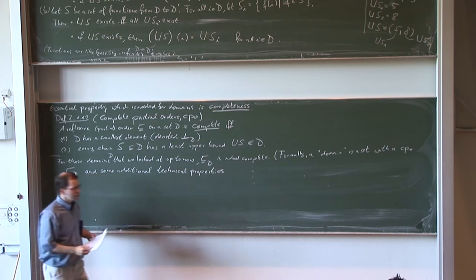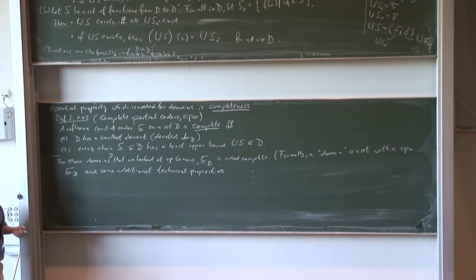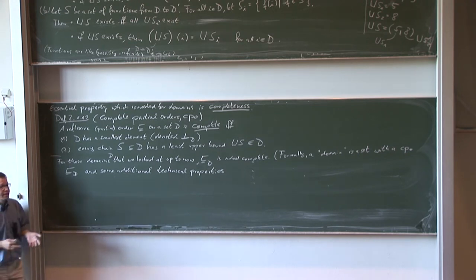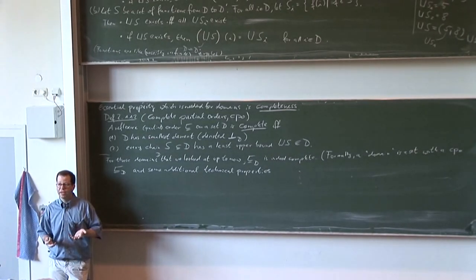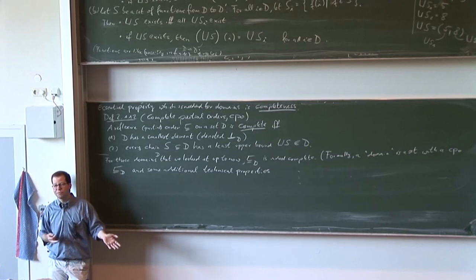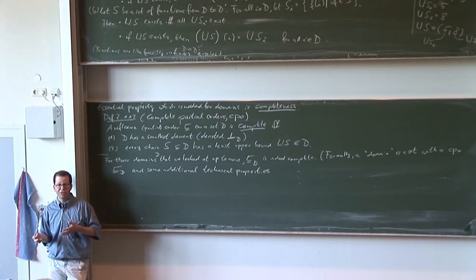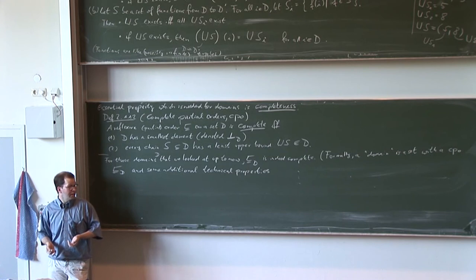Now, these additional technical properties are needed when we define data. Up to now, we just looked at predefined data structures, like integers and booleans and so on, and we can define how the domains for these look. And if you build new data types by building tuples or functions, we can also say how the domains for these types look. But of course, the user can also define types by himself.